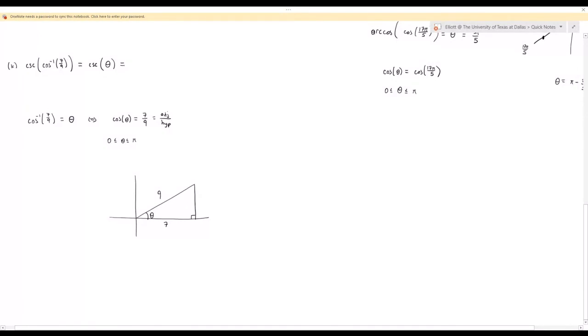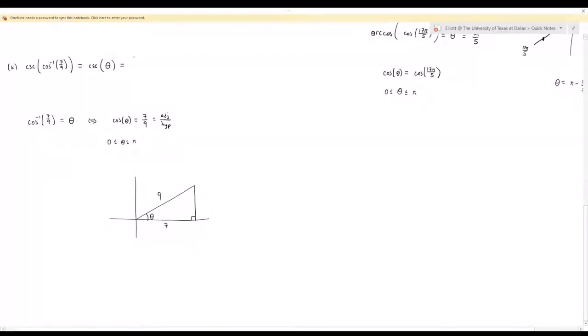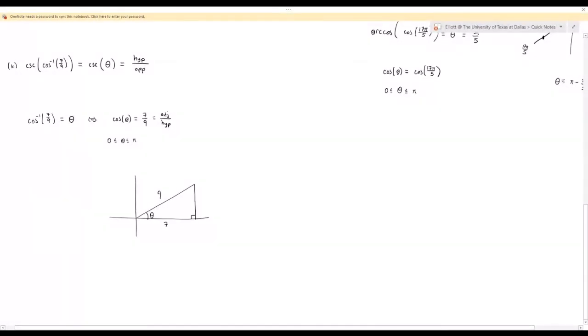So in terms of triangles, since sine is opposite over hypotenuse, cosecant would be hypotenuse over opposite. So we need to use the Pythagorean theorem to figure out the opposite side. 7 squared plus y squared is 9 squared.